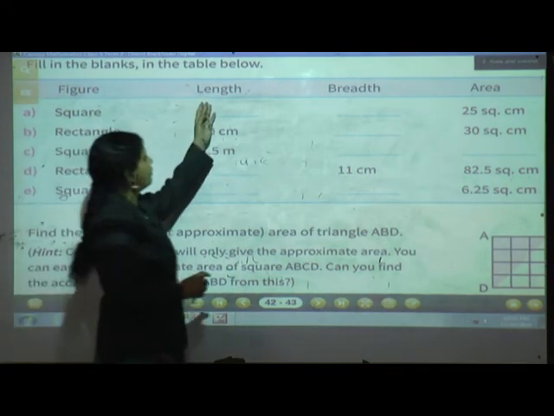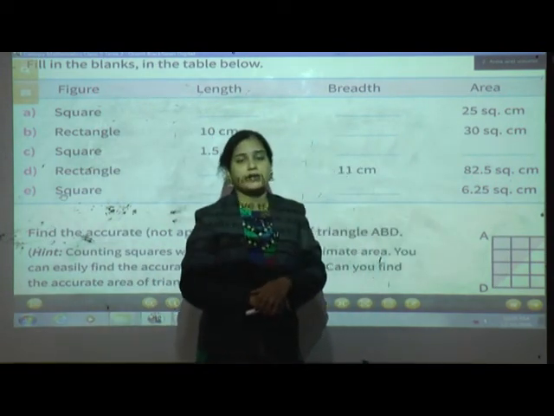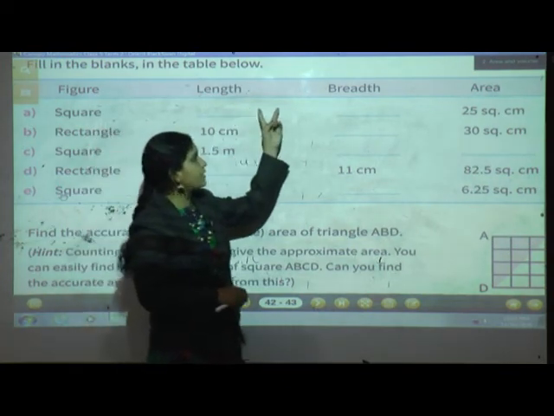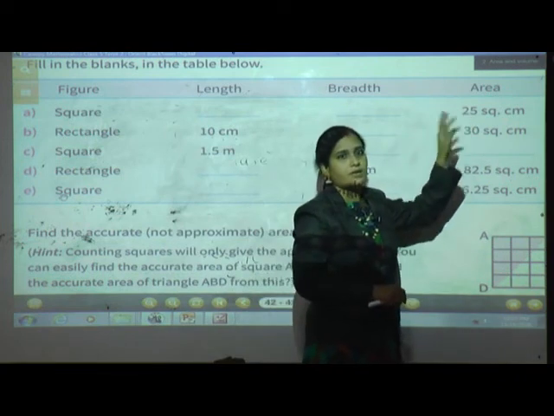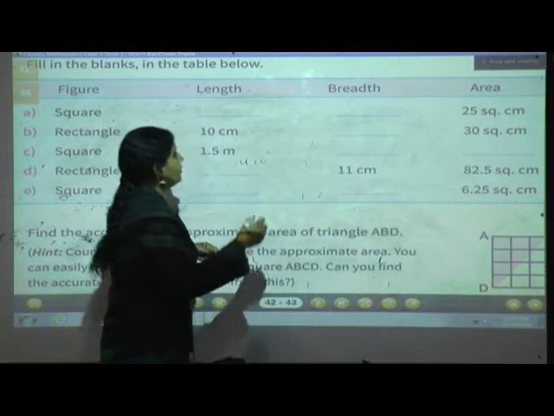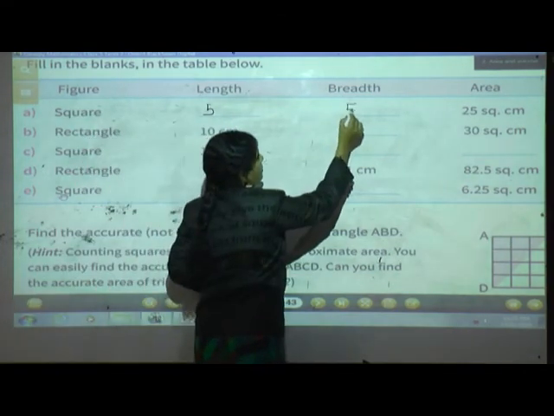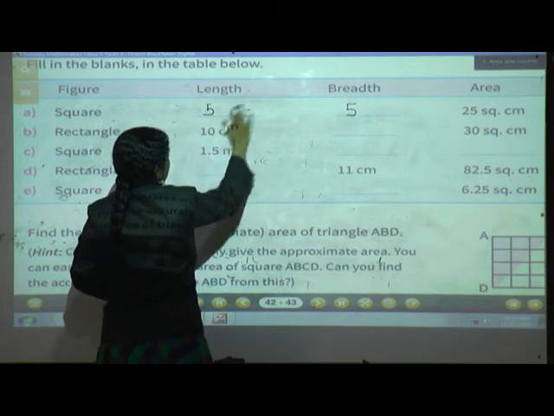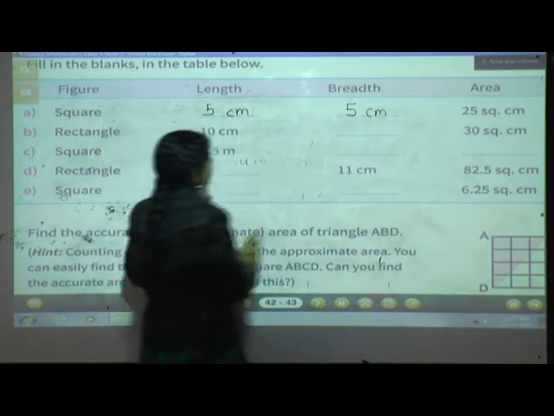So what will be the length and breadth if area is 25? Yes, if you multiply two numbers, length and breadth, you will get the area. If you multiply 5 into 5, you will get the answer 25. So the length is equal to 5 and breadth is equal to 5.